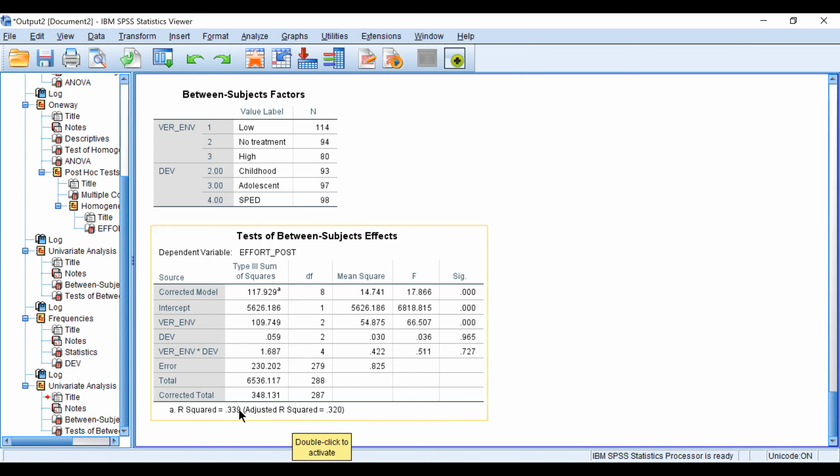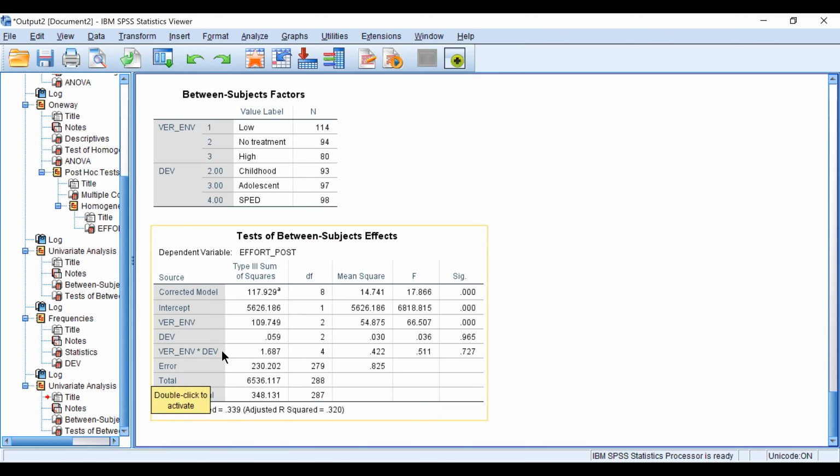Overall model accounts for 34% of variance in the dependent variable, and that's R squared. So again, you might ask, as you did, so we don't have to pay attention anymore to developmental, and this is called the interaction between the two.